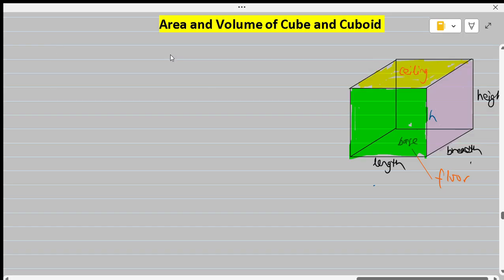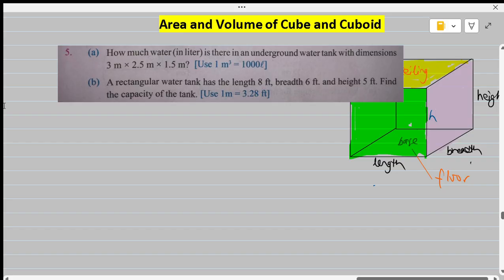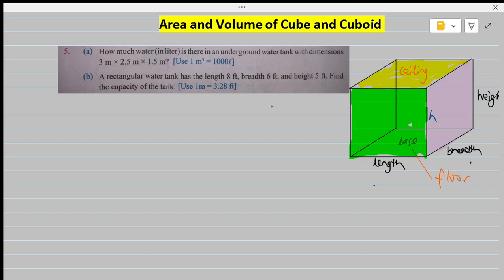Okay, now number 5 I'm going. Let's see what is said here in number 5. I go with this A number.